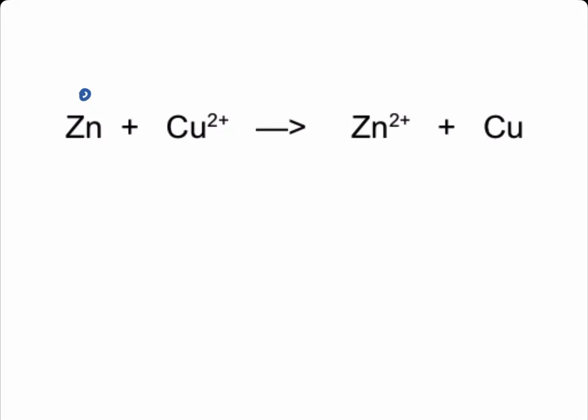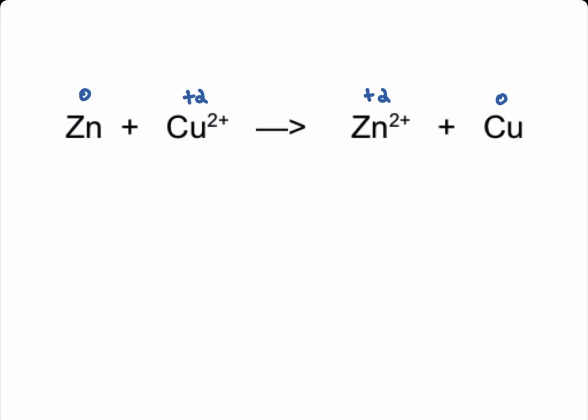Copper ion is going to have the oxidation state of its charge. Zinc ion is going to have the oxidation state of its charge, and copper is freestanding, so it has an oxidation state of 0.